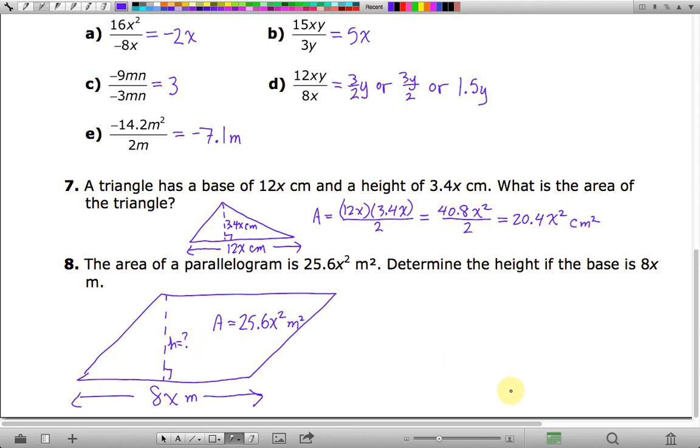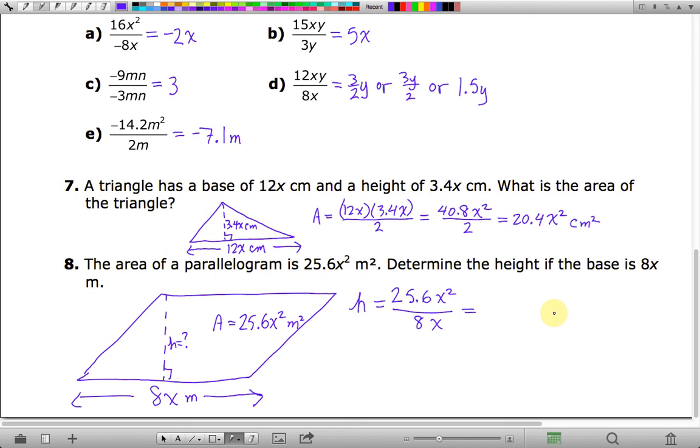So it helps to know that for a parallelogram, the area is base times height. So in order to get the height, we simply need to take the area and divide by the base. So that is 25.6 x squared divided by 8x.